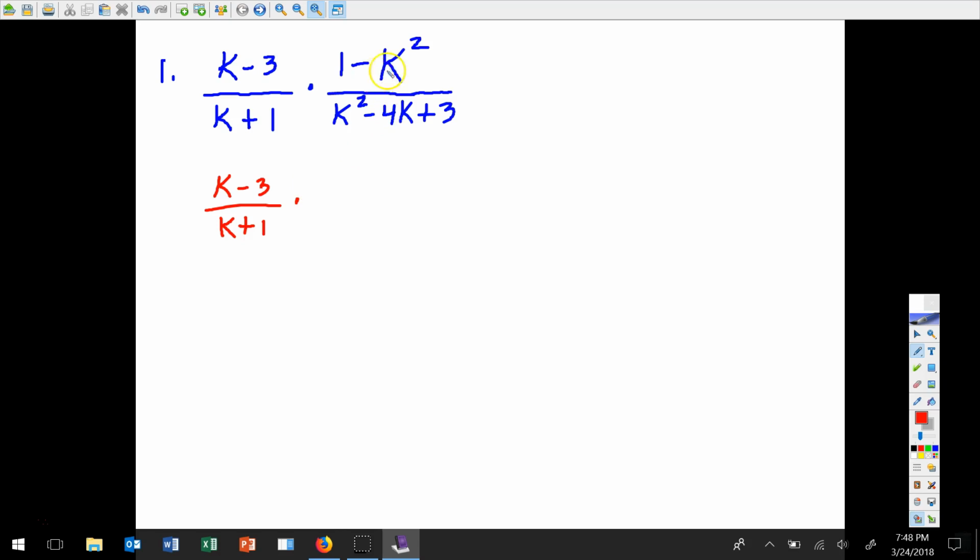I'm going to go through factoring out -1, and that gives me k squared minus 1. And I'll come back and factor this as the difference between two squares. So I'll just go ahead and do that now. You see how this factors as k plus 1 times k minus 1. So I'll just erase this and put it as the factoring of the difference between two squares.